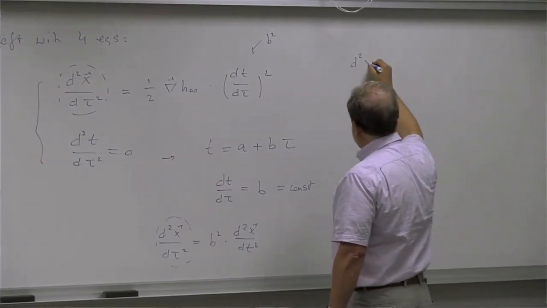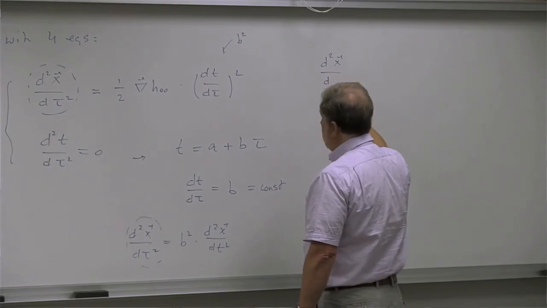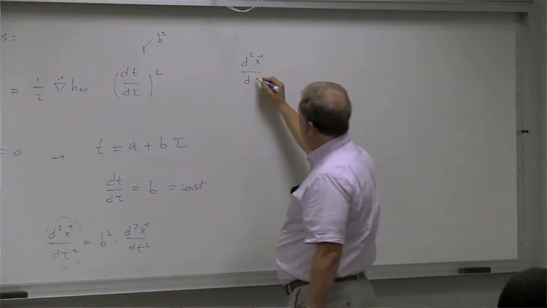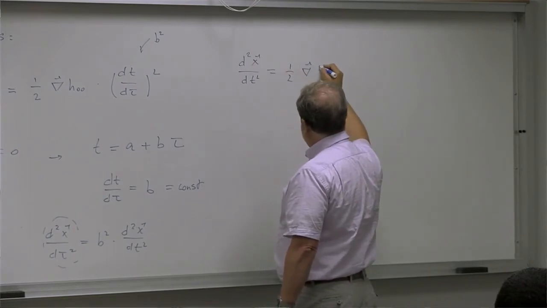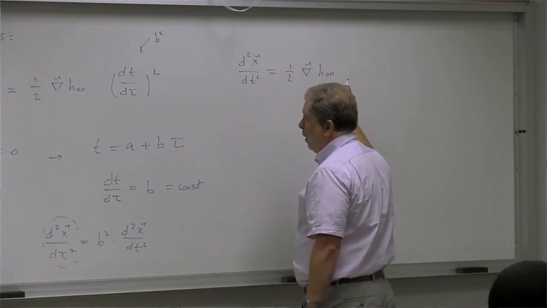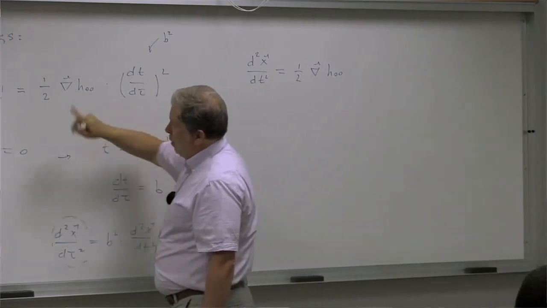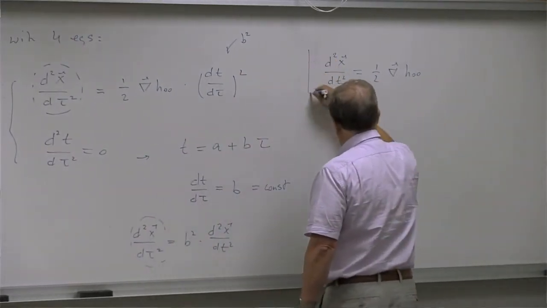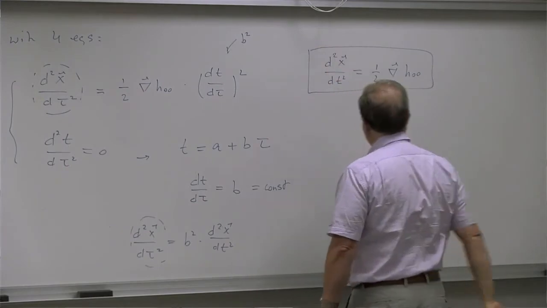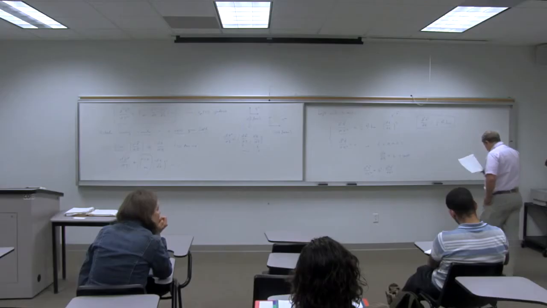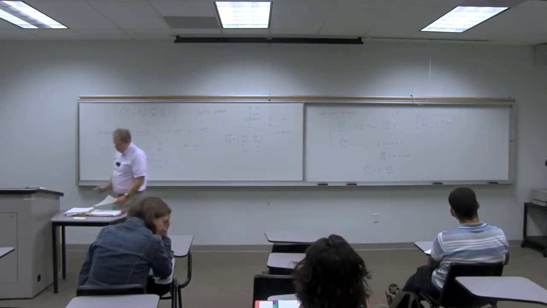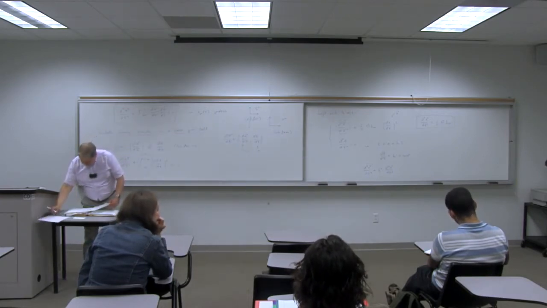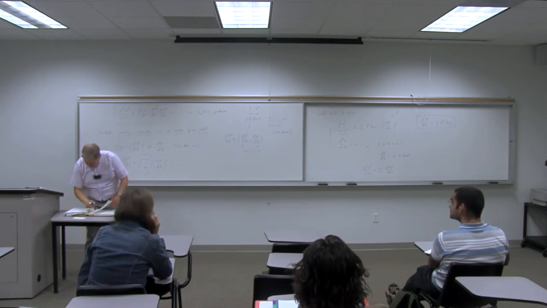And so we get that the second derivative of x with respect now to t, and not tau, is equal to minus 1/2 times the gradient of h naught naught. The dt by d taus have disappeared, and that's all we get. And that is very nice, because now it starts to become recognizable, because it looks like Newton's equation.